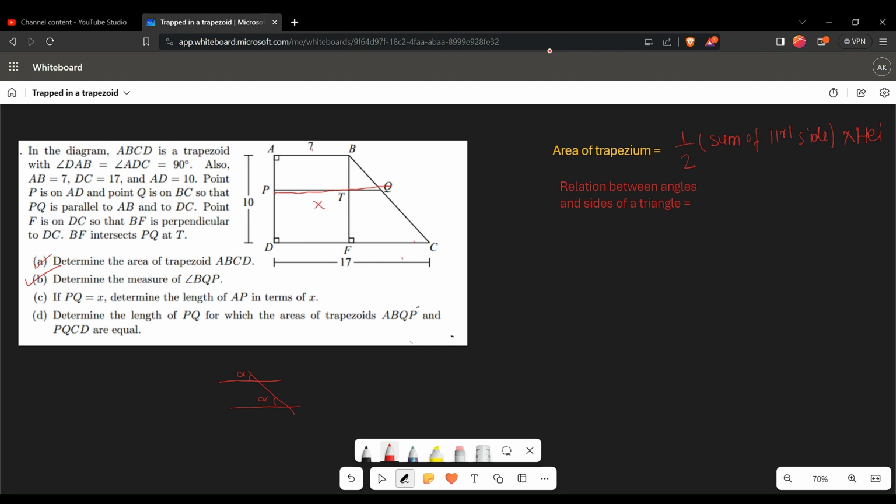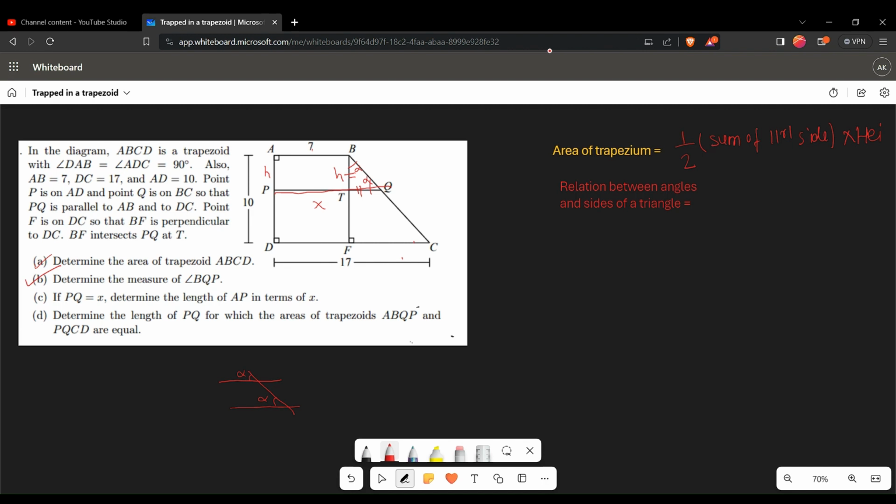Let the AP length be h, and since this is alpha and this is also alpha, PQ will be equal to BT. BT is also h, since ABTP is a rectangle.